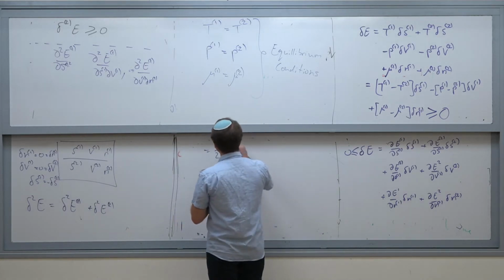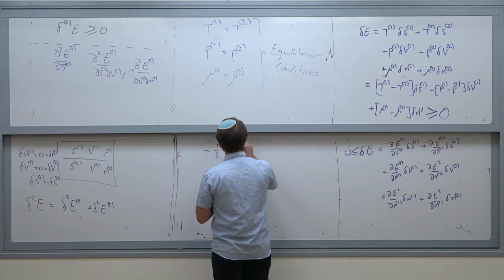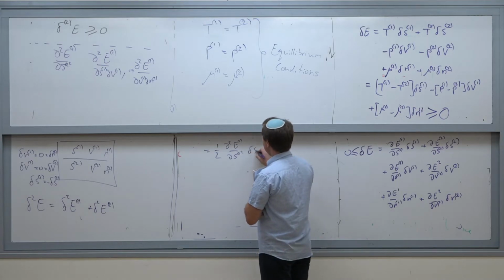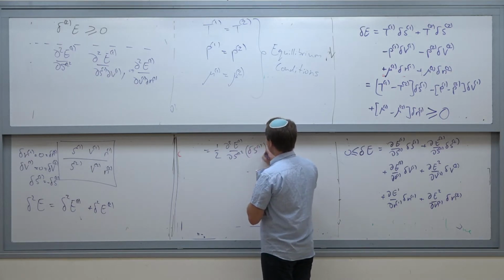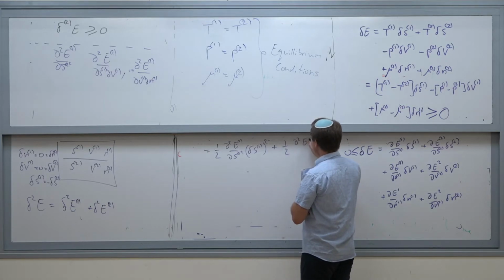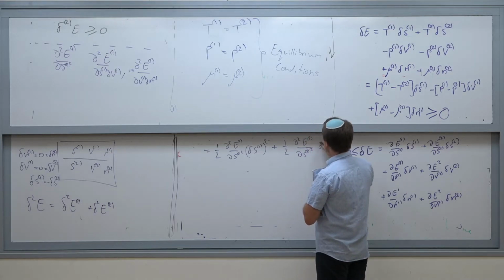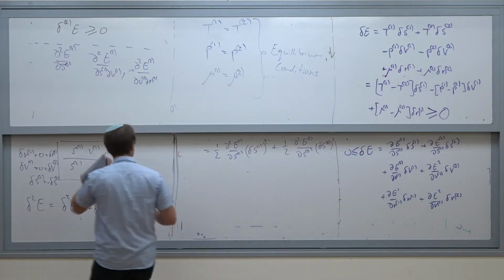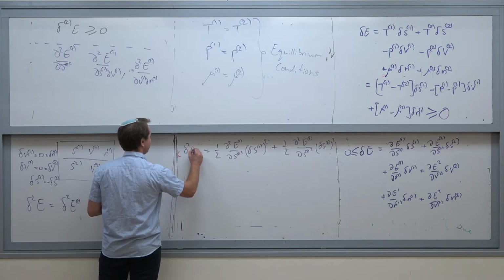So it's 1/2 d squared E1 over dS1 squared delta S1 squared plus 1/2 d squared E2 over dS2 squared delta S2 squared. Okay. This is the second variation.